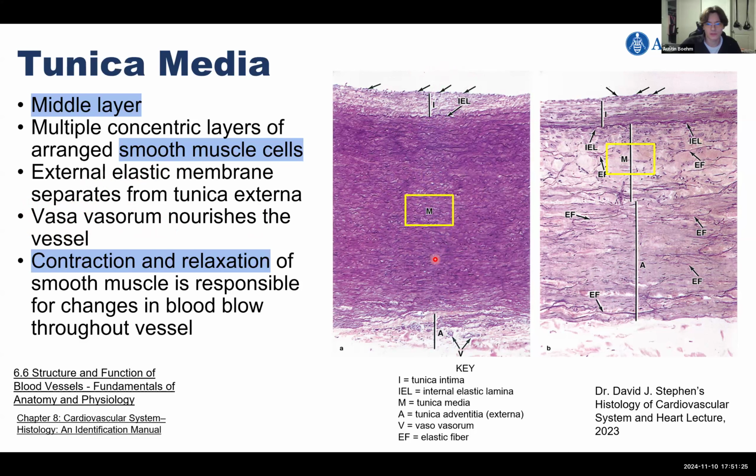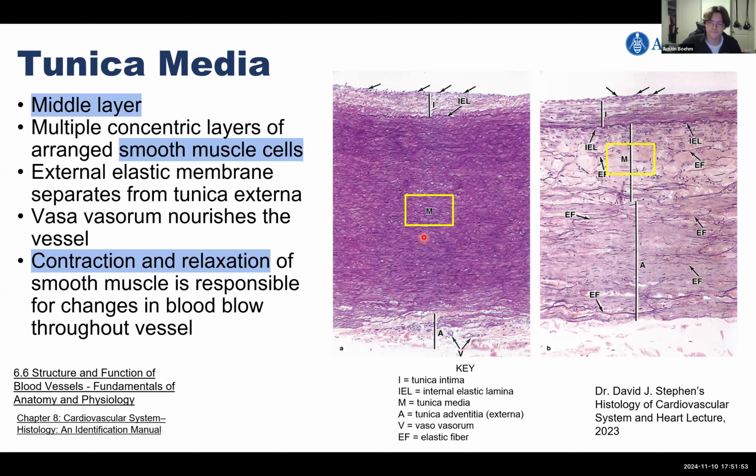And the most important thing with the tunica media is that it is responsible for the contraction or the relaxation of your blood vessels. So it's very important in regulating blood pressure in the periphery, because it's one thing to change how much blood you're pumping through the heart, but it's another thing to change how that's getting around through the periphery, whether that be redirecting blood flow away from your gut if you're exercising and putting it to your muscles, or vice versa.